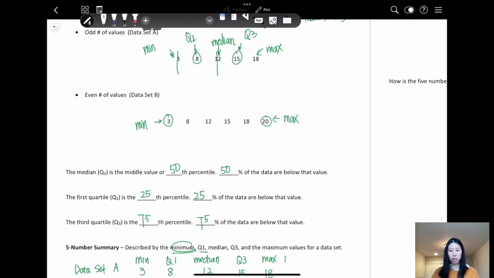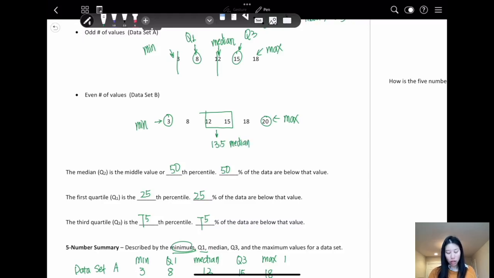Okay, median. How do you find the median? This is an even number of values. When you find the median, you're trying to find the center, the average of the middle two values. So in this case it would be 13.5, the average of 12 and 15.